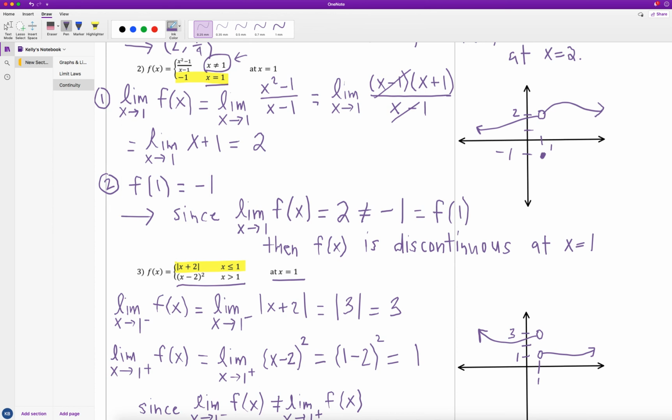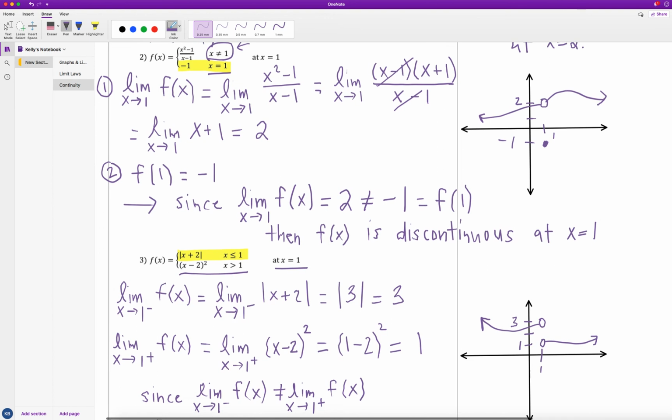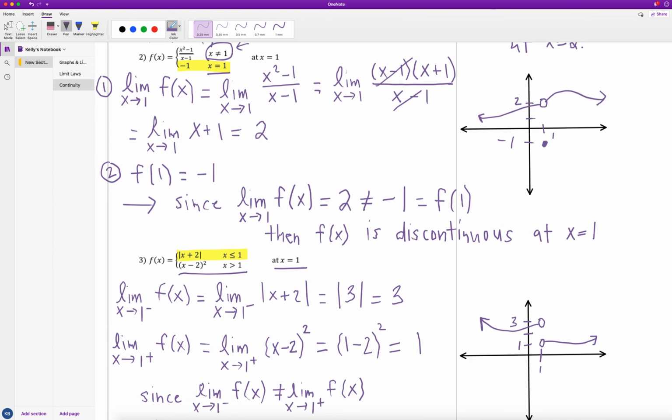We'd take it a step further and compute the function value, but in this case, since the function value didn't equal the limit in our second example, that's why the function was discontinuous. So although examples 2 and 3 are both showing that a function is discontinuous, they're really 2 different cases for why the function is discontinuous. And we're going to talk about those different types of discontinuities as we get further into this video.